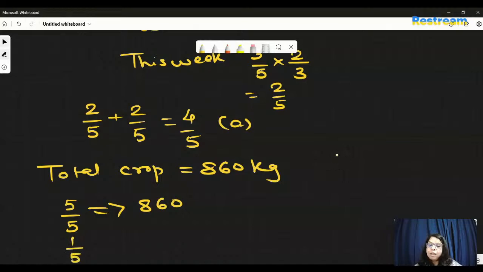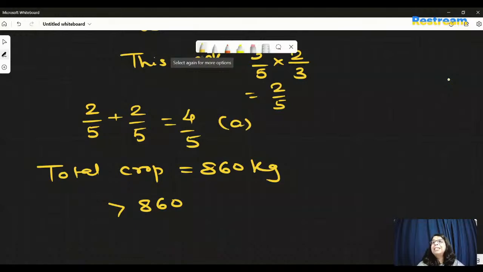So your 1/5 is going to correspond to 860 divided by 5, which is equal to, we need 1/5 because it says what was the original weight of, if he has, sorry, my bad. He has 1/5 is equivalent to 860. So it says if he has 860 kg remaining, that means your 1/5 is remaining here.